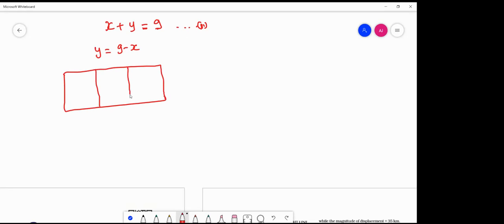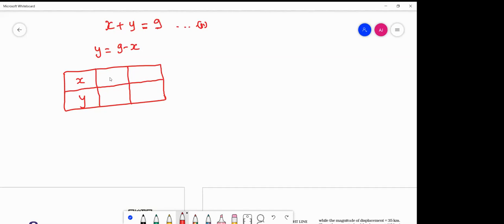Let me put x equal to 0. If I put x equal to 0, then y will be 9 minus 0 equal to 9. If I put x equal to 1, then y will be 9 minus 1 equal to 8.